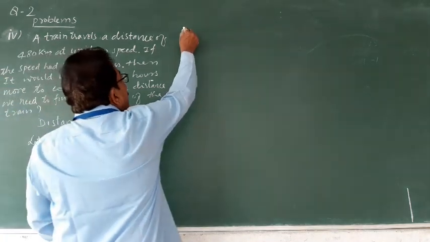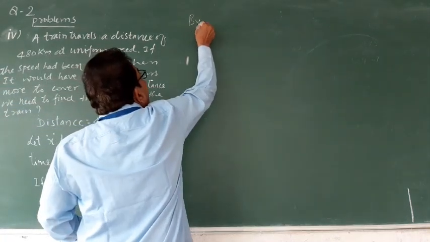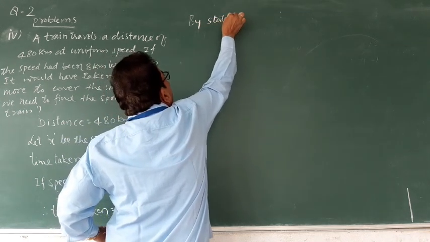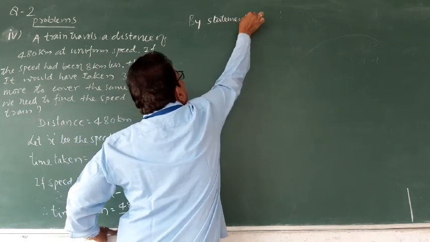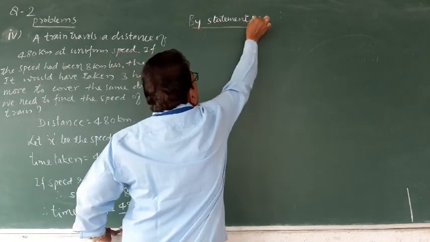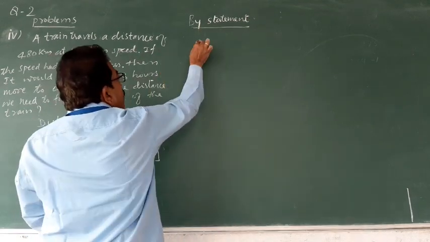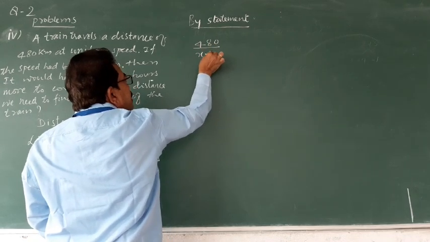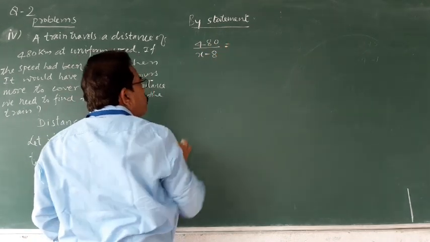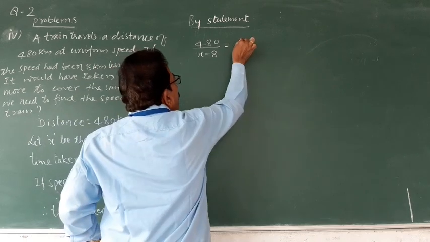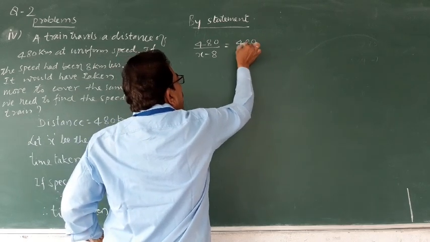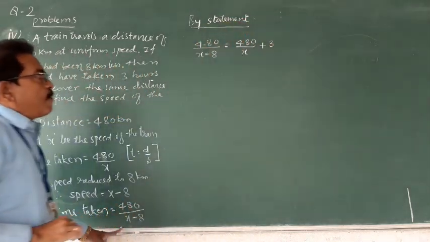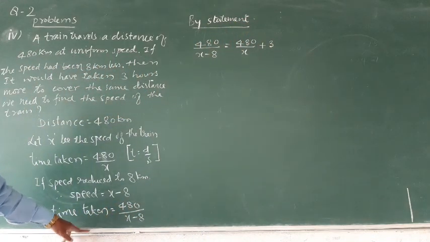By the statement of the problem, 480 divided by x minus 8 equals 480 by x plus 3.